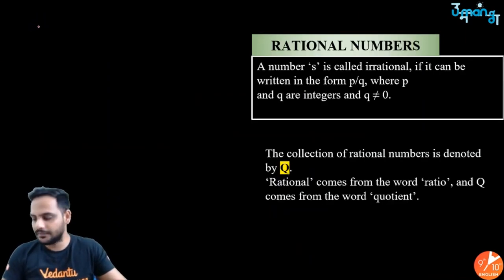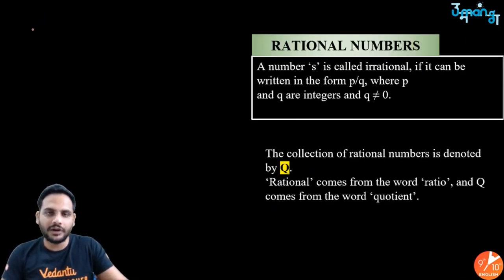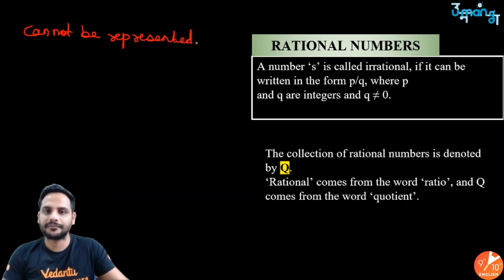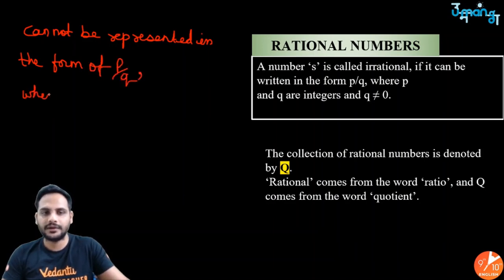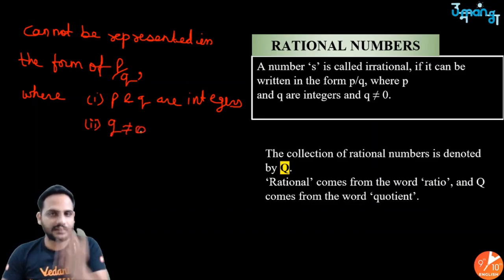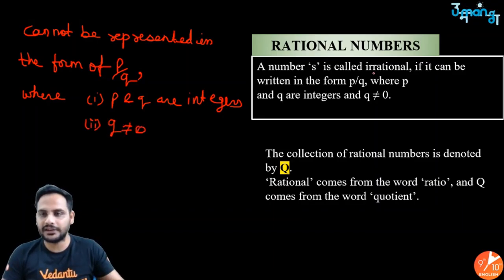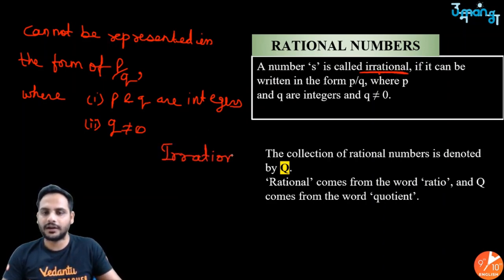But the numbers which cannot be represented in the form of P by Q, where P and Q are integers and Q is not equal to 0, are called irrational numbers.